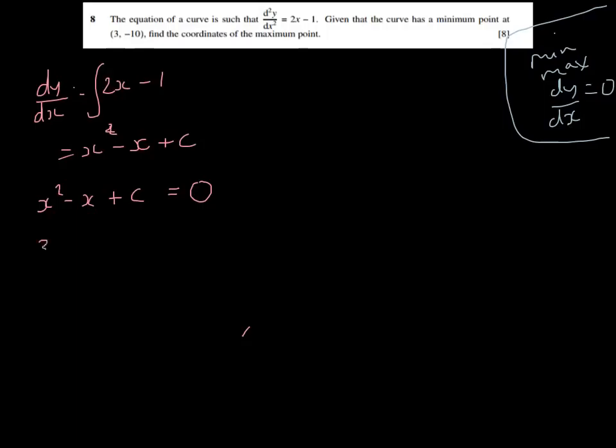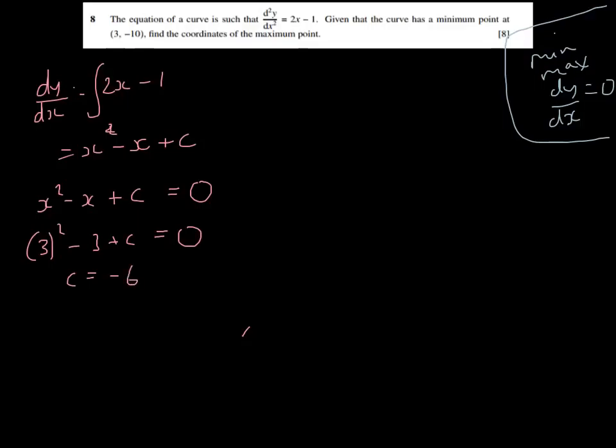So if I put in 3 for my x value, that has to give me 0, because the gradient is 0 at that point. If I rearrange that, I get c is negative 6.